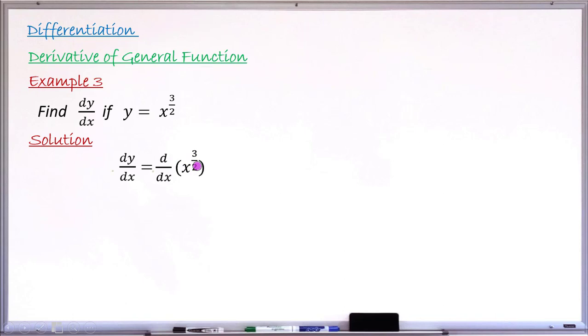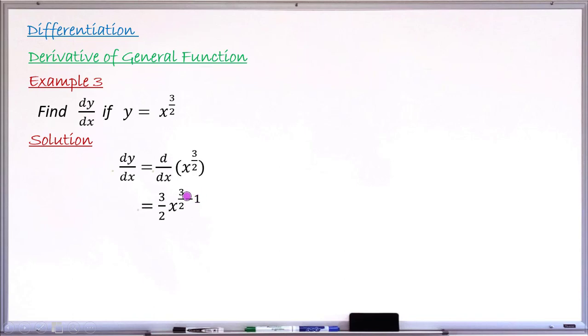So we continue. What you do next is use the rule we have just learned. It says the power is reduced by 1, and that power will now multiply whatever coefficient is there. So you're now going to have 3 over 2 x raised to the power of 3 over 2 minus 1.